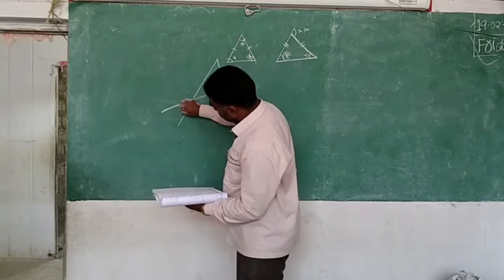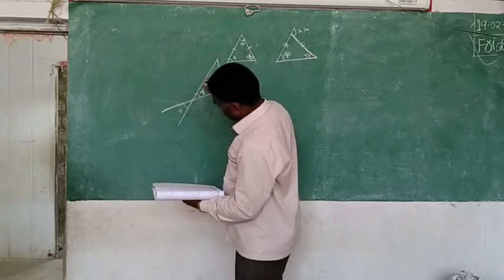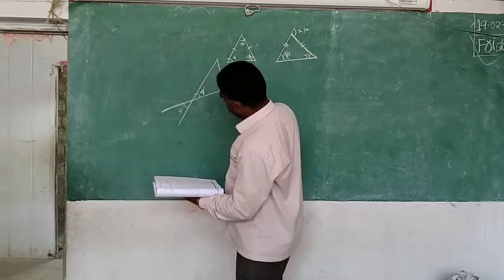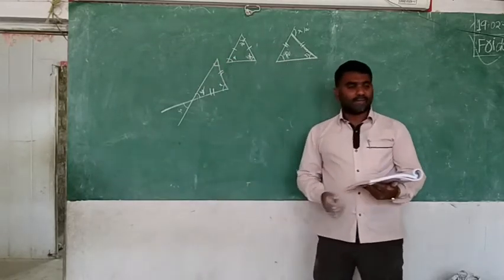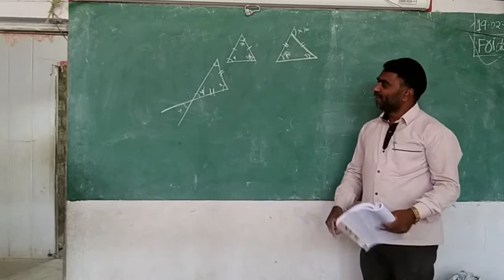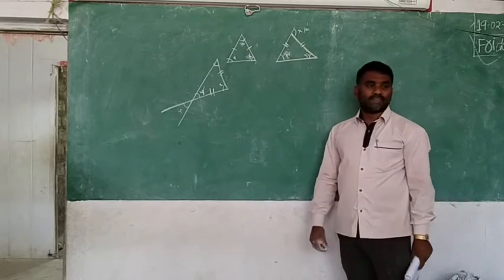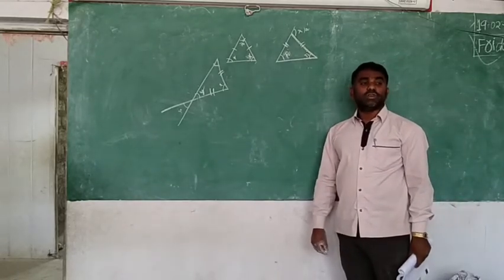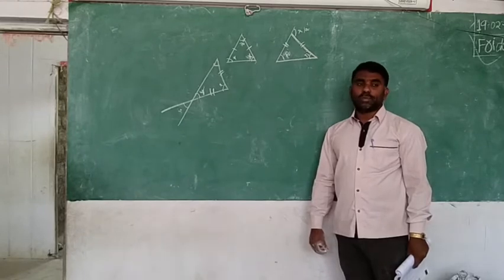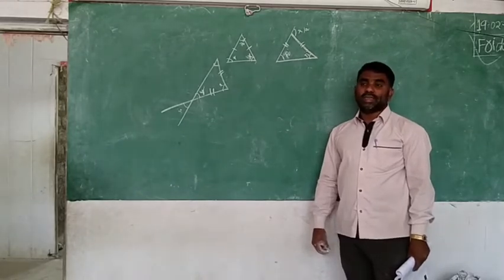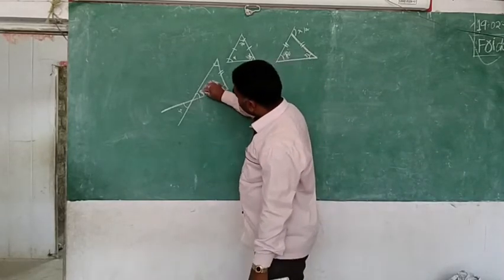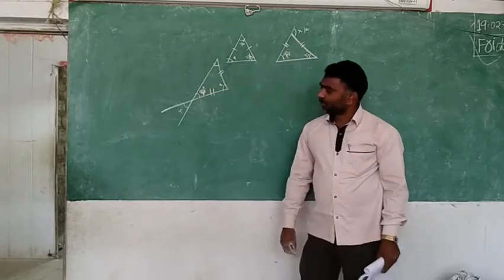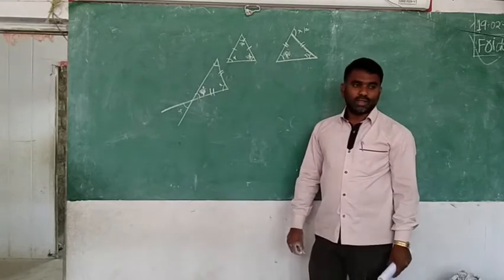This is 30. This is y. This is x. Like this. Y is equal to 30. Why? Because you know our property: vertically opposite angles are equal. So this is 30. That's why this is 30. Now x is also 30.